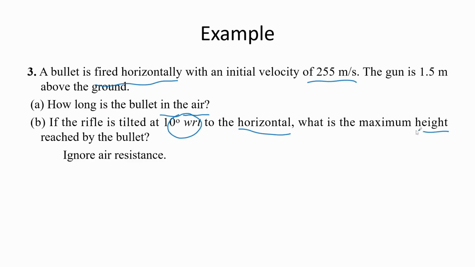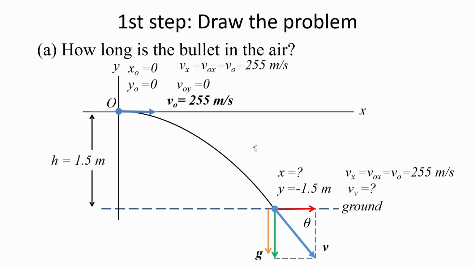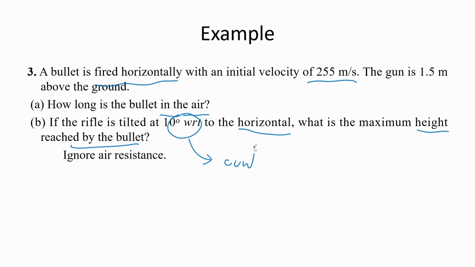Maximum height, so meaning it goes upward. There may be a mistake in the problem. It should be counterclockwise. Just to show. Oh, it's reversed. Did I make a mistake? Let me go back. Okay, it's above ground. So, this is the ground.